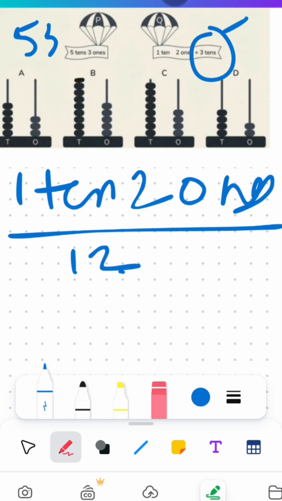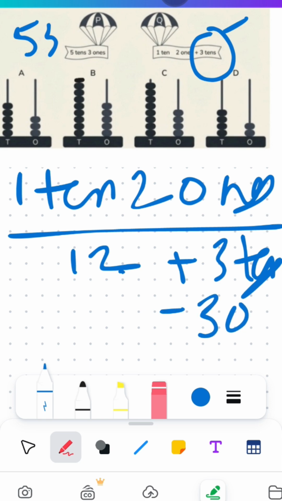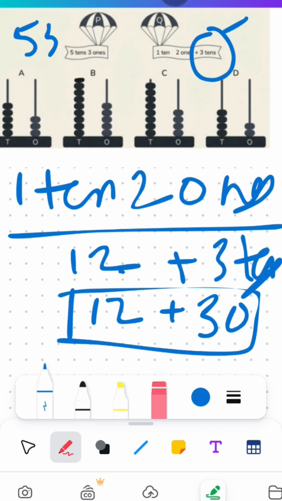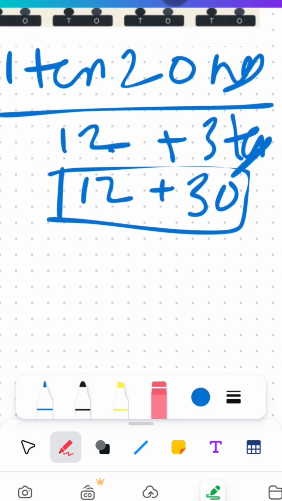And then they ask 3 tens. 3 tens means 30, right? 12 plus 30. What is the answer? That is 42. The value is 42.